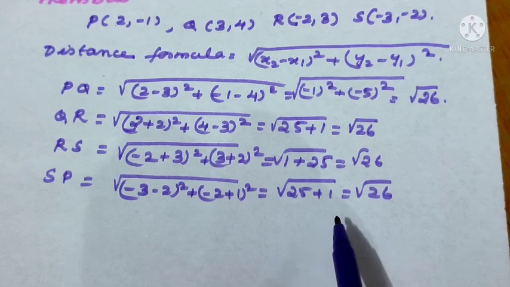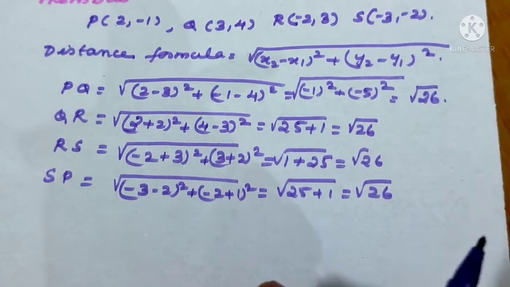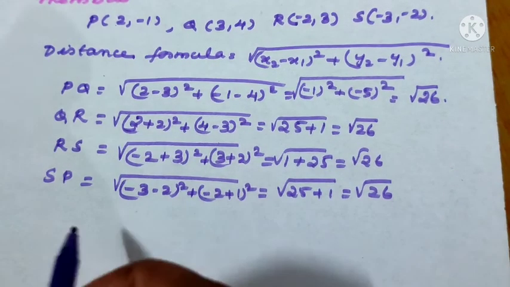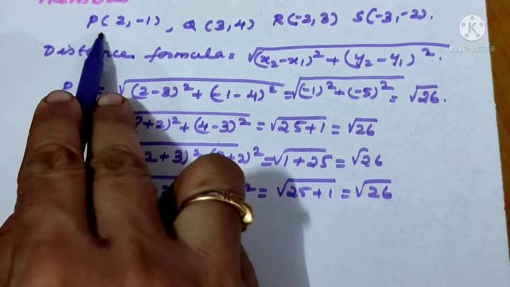When it is a square, the diagonals' lengths are equal. We already listed the points, so what we have to prove there. So we are calculating the diagonals. Diagonal means opposite vertices.